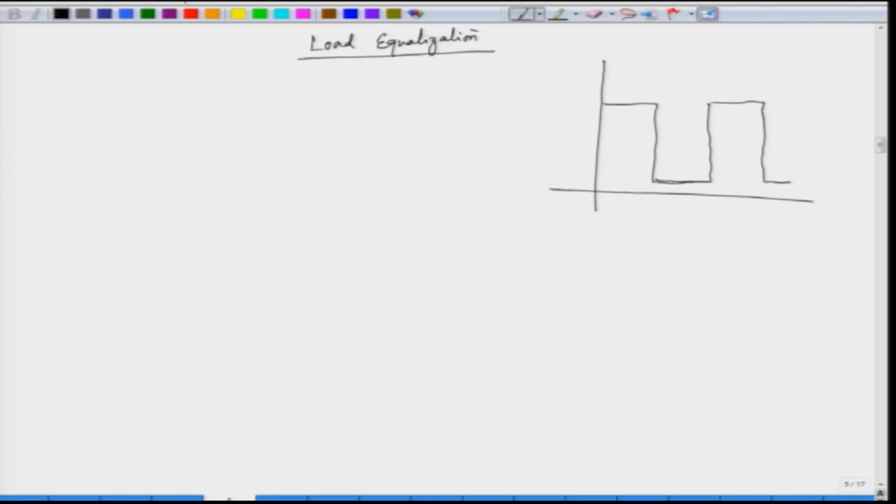We are plotting this load torque against time, this is t in the x axis, and this is the load torque high value, this is the load torque low value T_LL. The time for which the high value is applied is called T_H, and the time for which the low value is applied is called T_L.